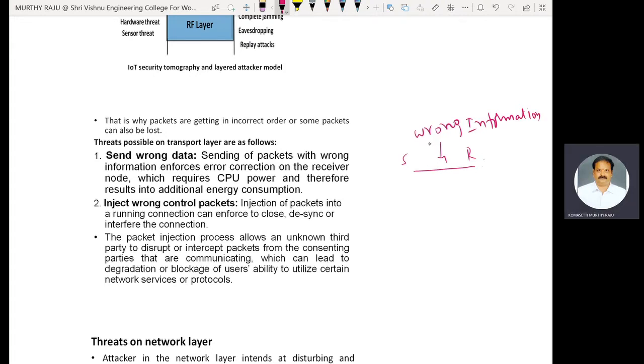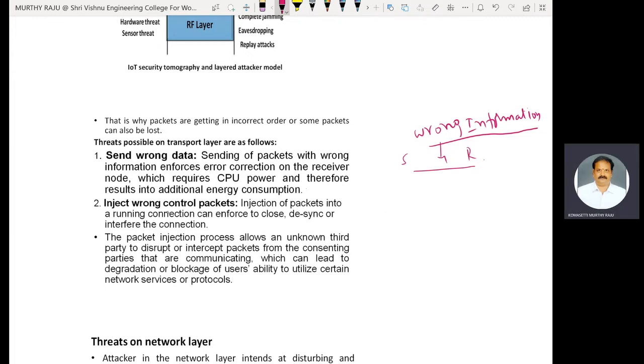At the receiver node, the condition of these packets is checked, which takes more time. Therefore CPU power is wasted, resulting in additional energy consumption. The wrong packets are stored in buffers at the receiver side and processed. Some CPU power and time are wasted, resulting in additional energy consumption.